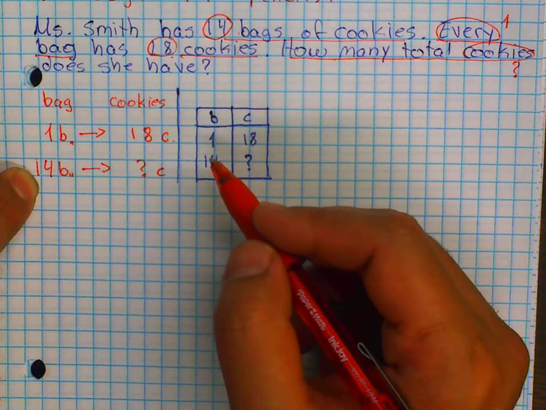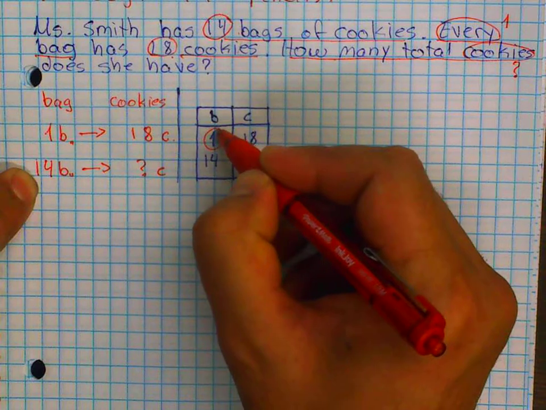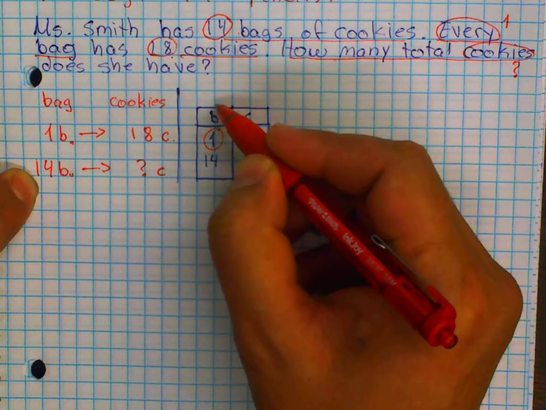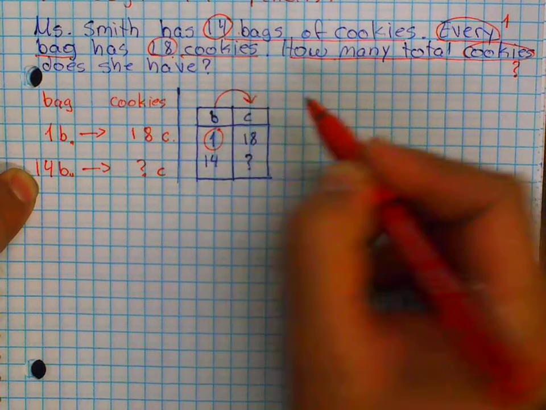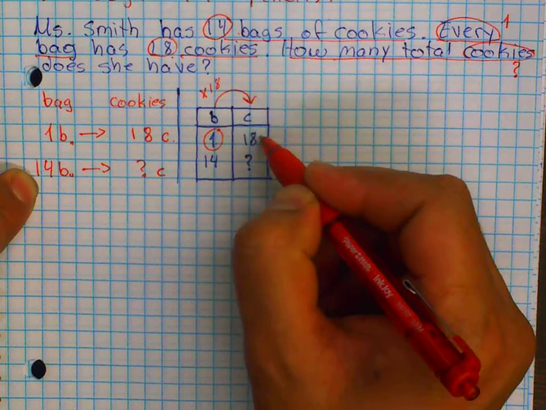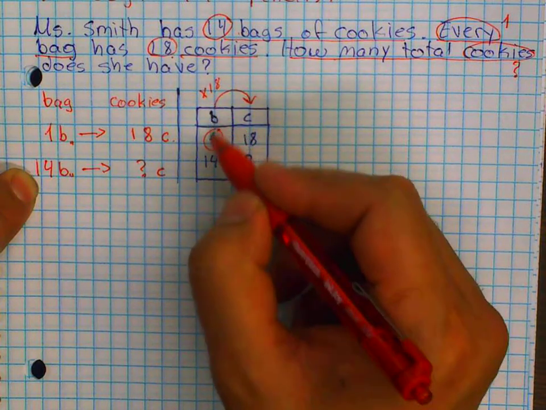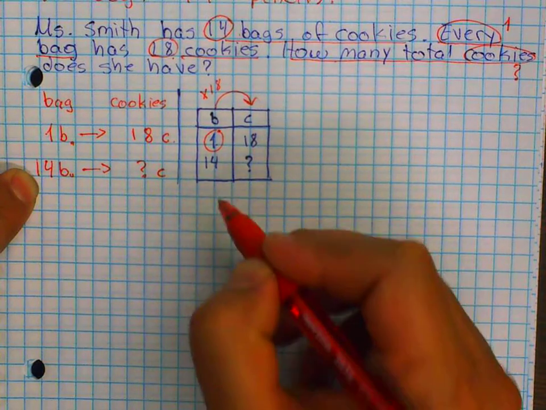I go from 1 bag to my 18 cookies, times 18. 1 times 18 is 18. If I multiply 1 times 18, I need to do exactly the same for the other number. In this case, for the 14 bags, to figure out how many cookies there are, I need to multiply times 18, because you don't know the other one.